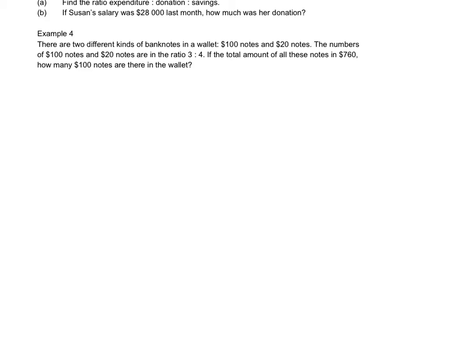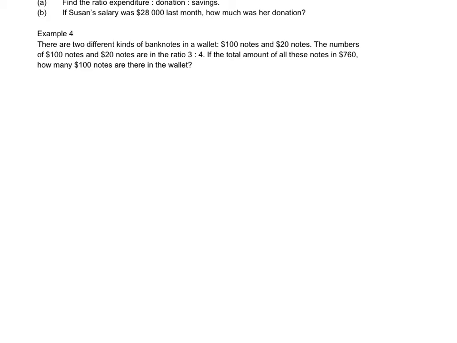So 100 NOK and 20 NOK, the ratio is 3:4. The total amount is $760. How many 100 NOK are there in the wallet? So first of all, I think you have to realize that you have to set the equations to solve.